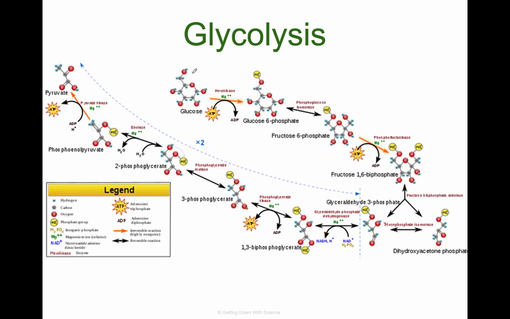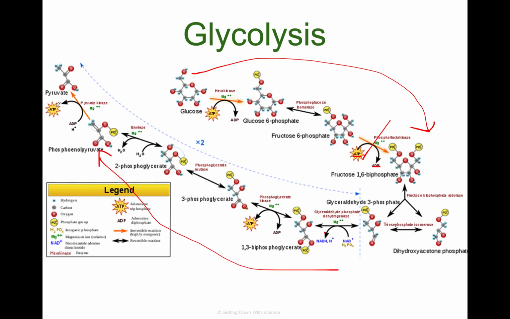This is your energy investment stage where we need energy. We start with ATP and we end with ADP that releases energy. And then here is our energy payoff stage where we start with ADP and hydrogen and we end up with ATP. Awesome, good stuff.